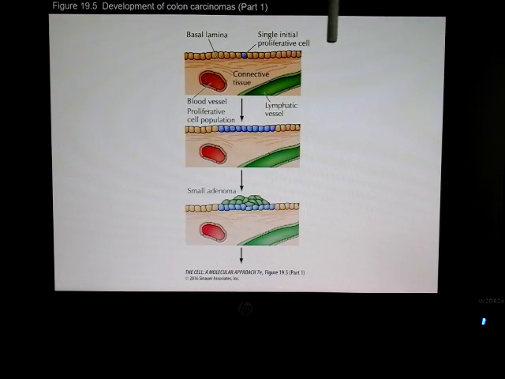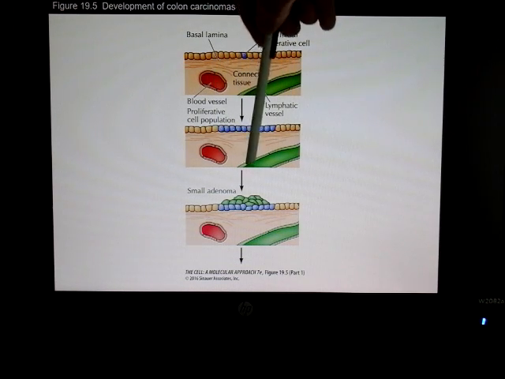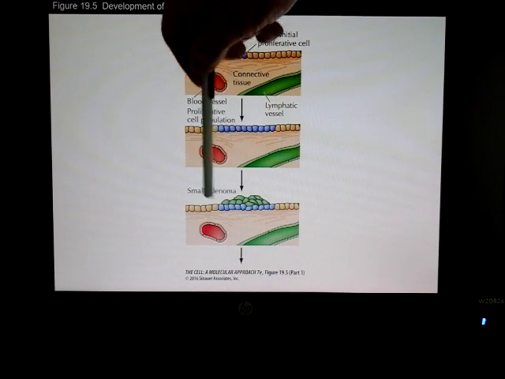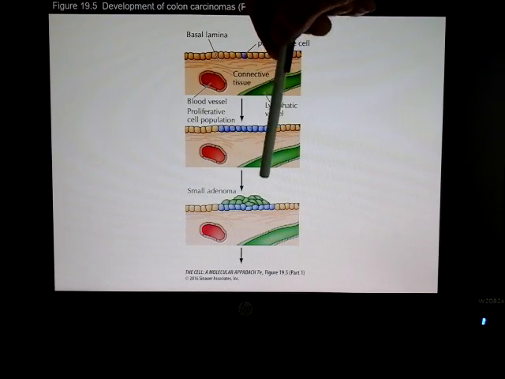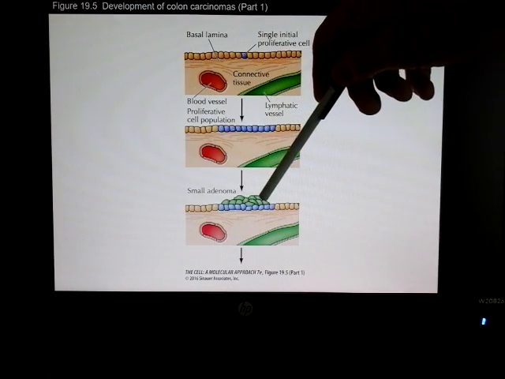So if we take a look here, guys, and this is for colon cancer. Here's your basal lamina here, and you've got the first cell that's going to start to mutate. Then you get more of them going this way, eventually they start to go on top of each other and you get what's called an adenoma.